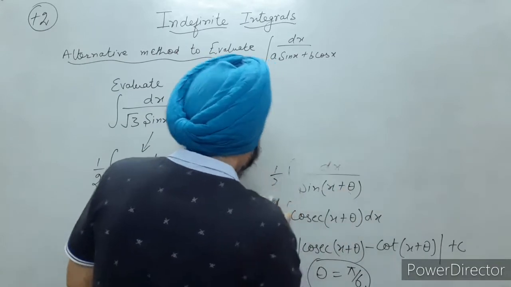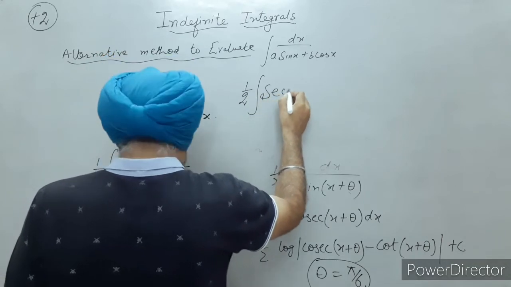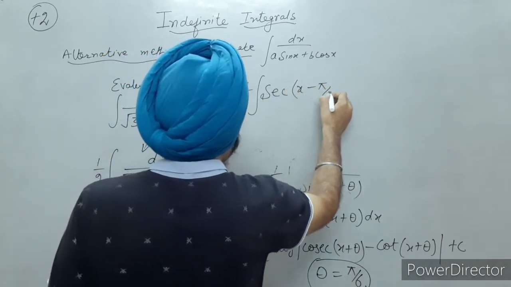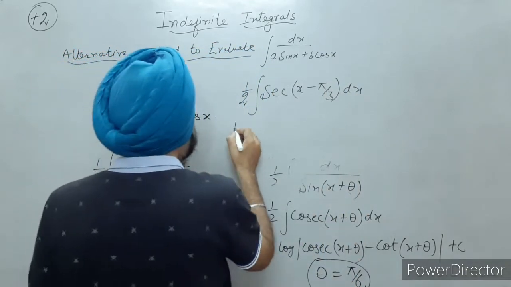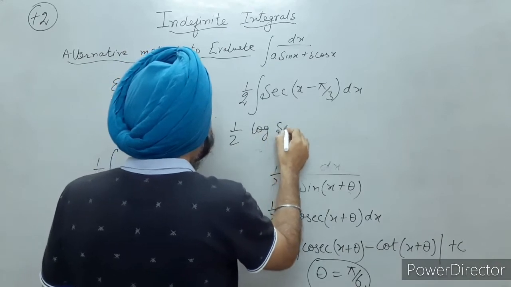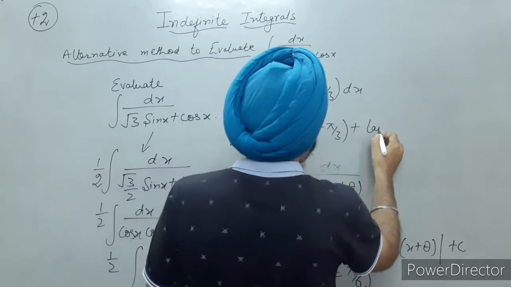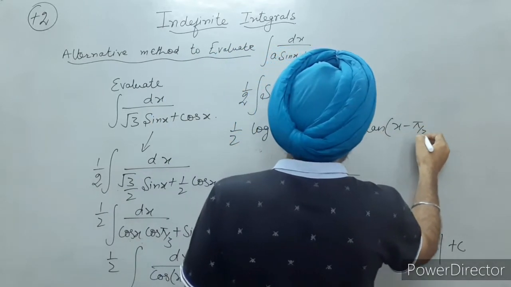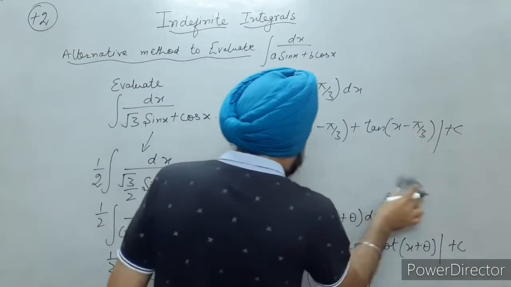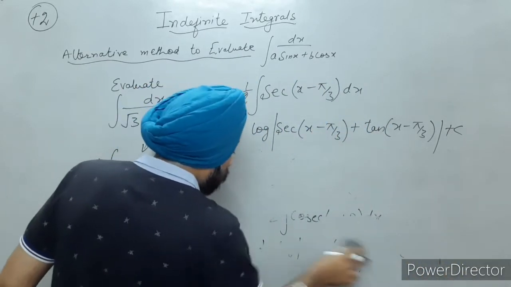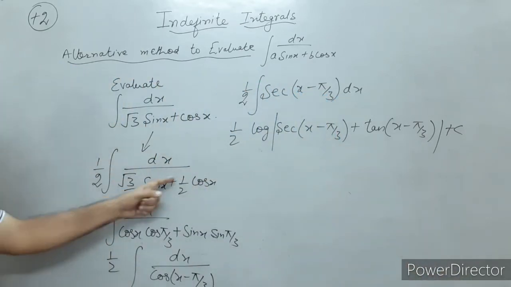So I get half integral of secant of x minus pi by 3 dx. Now what is the integral of secant x? It is half log of secant x plus tan x plus c, with the argument x minus pi by 3. This is the required answer. Directly I have done this by multiplying and dividing the denominator by 2, so I get root 3 by 2 and half over here.